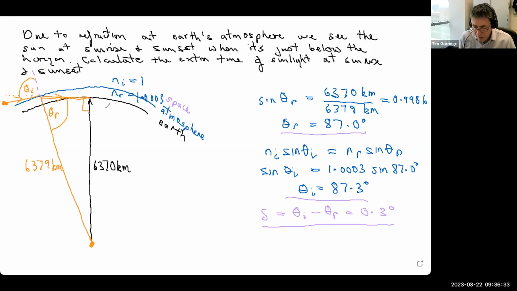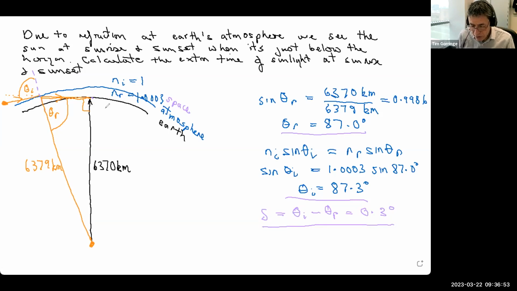Well, finally, how much extra sunlight do I see before the sun rises physically above the horizon? How much extra sunlight do I see after the sun falls physically below the horizon? Let's figure that out.